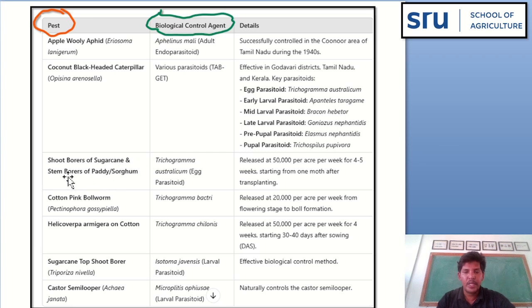Shoot borer of sugarcane and stem borer of paddy and sorghum are managed by Trichogramma australicum, cotton pink bollworm by Trichogramma bactrae, Helicoverpa armigera in cotton by Trichogramma chilonis, sugarcane top shoot borer by Isotima javensis, and castor semilooper by Microplitis ophiusae.